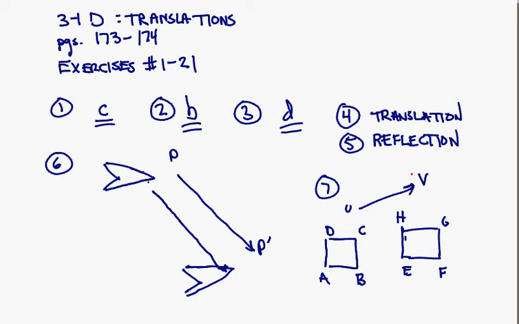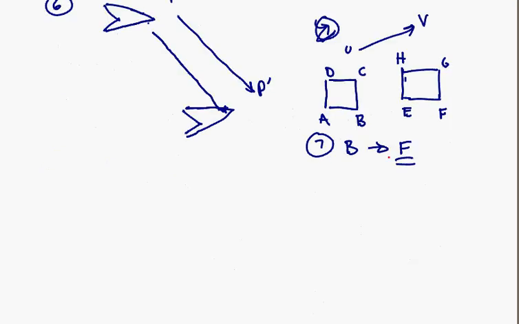So if I asked you for the image, if the pre-image was B, so for number 7, they're saying that the pre-image is B. So after doing the translation, the image would be point F. Okay, for number 8, here they're seeing segment DC.